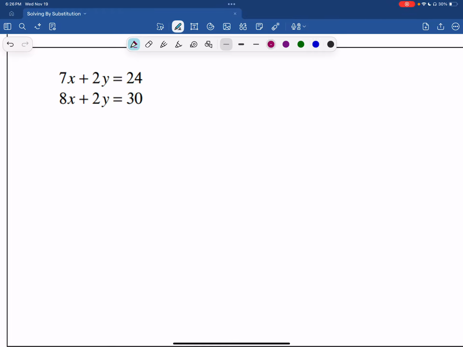So if I multiply the second equation by -1, I'm going to distribute that -1 to every term inside of the parentheses. -1 times 8x is -8x. -1 times 2y is -2y. And -1 times 30 is -30.